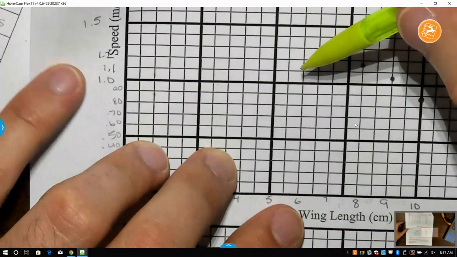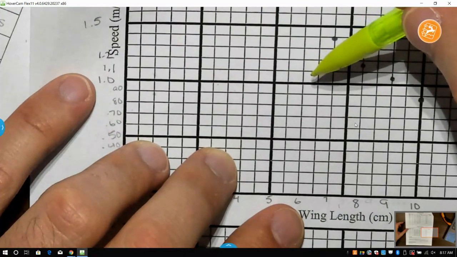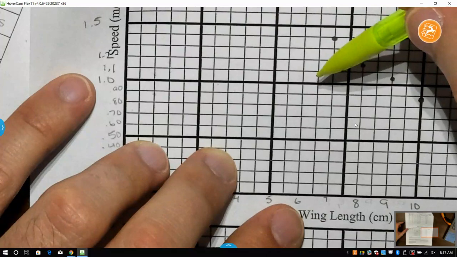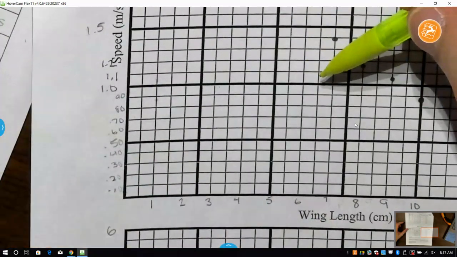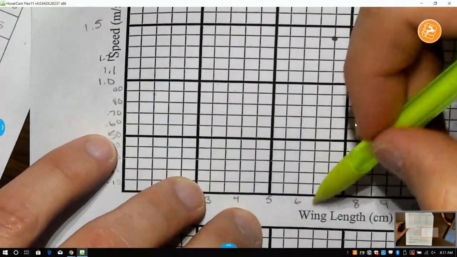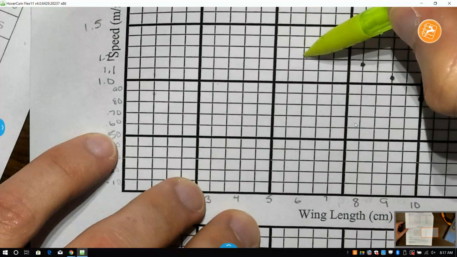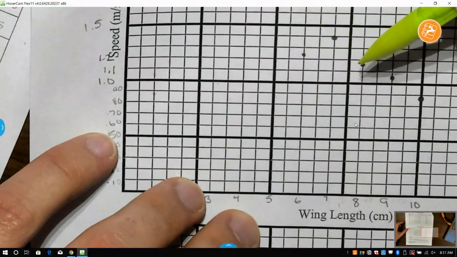Then we had a 1.23, so at 6 we're around here, just a little bit above the 1.2.